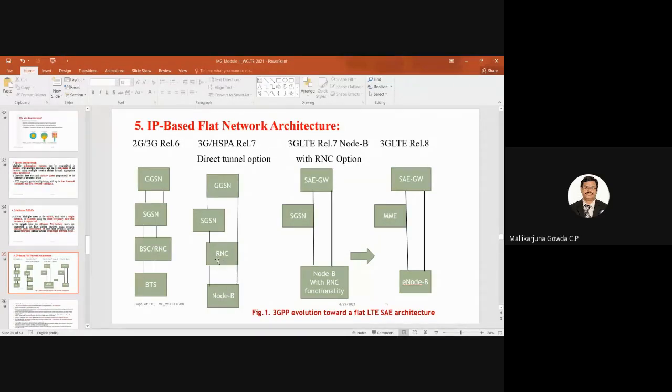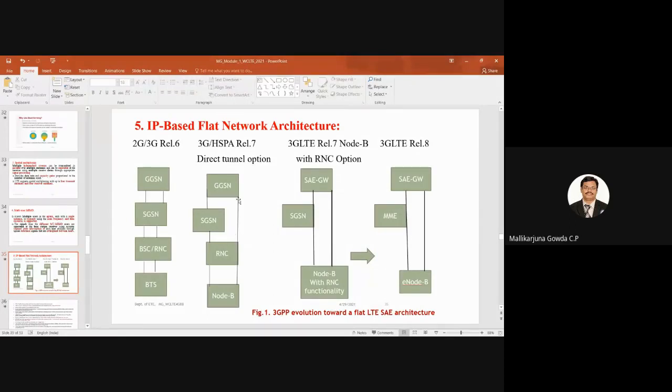Next there will be a radio network controller, and here what we are observing is a direct tunnel path to the gateway GPRS service node. In the previous it was through SGSN.